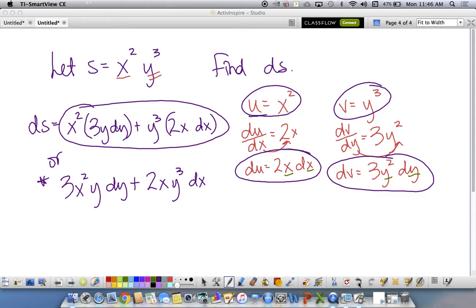All right, one more example. If y equals s squared sine t, can you find dy? What is dy?